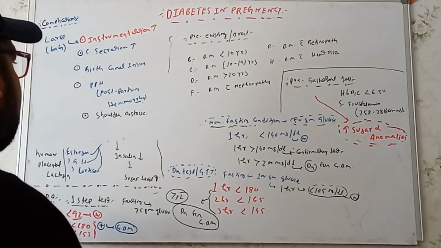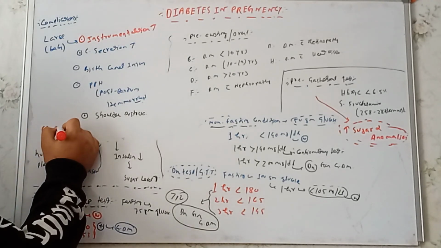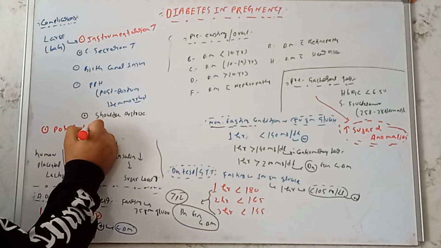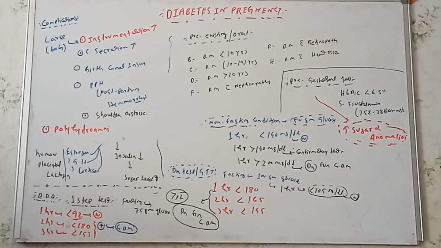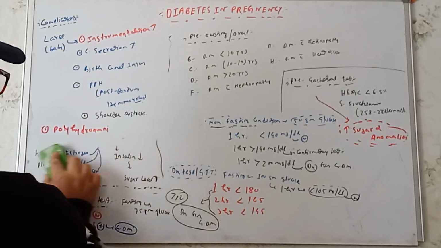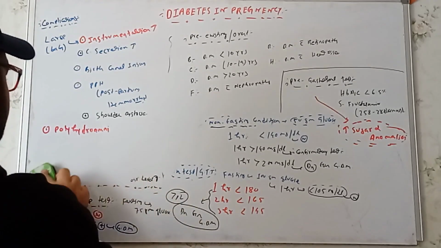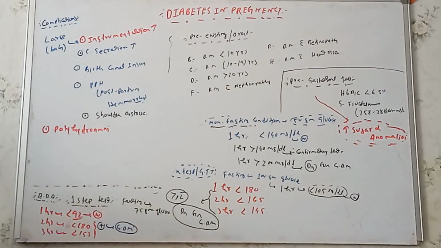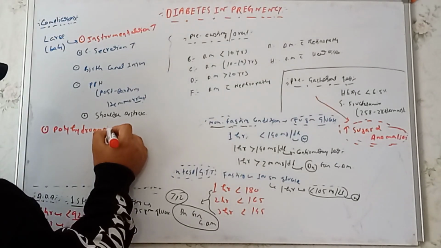Before that, the other complication we can see in terms of the mother is polyhydramnios.